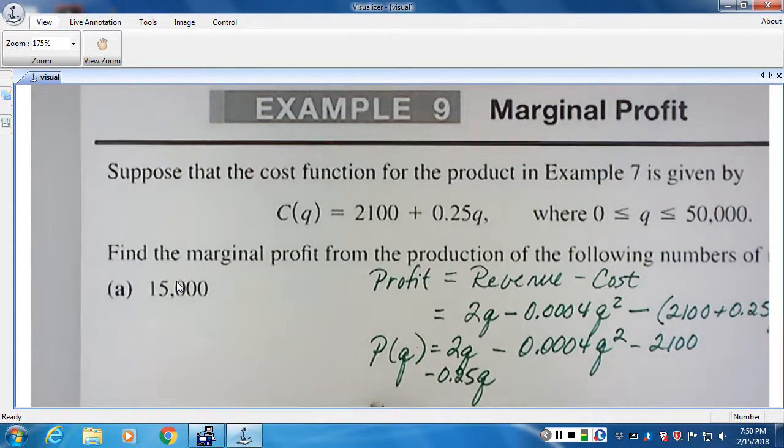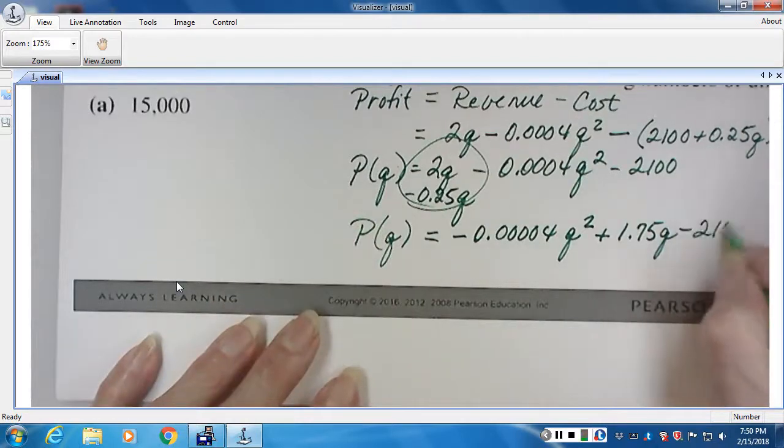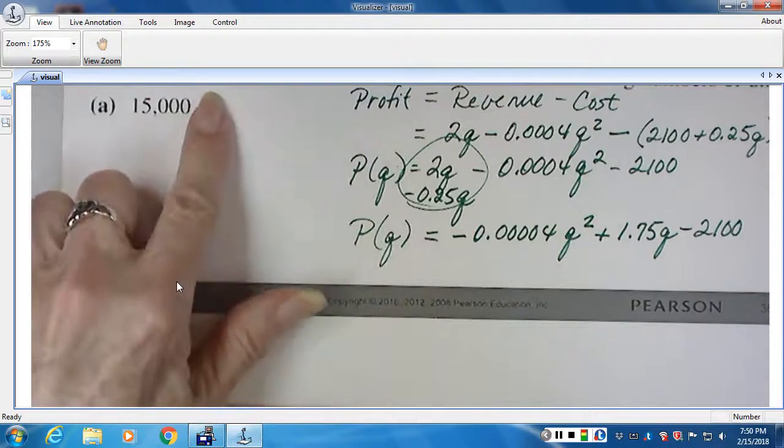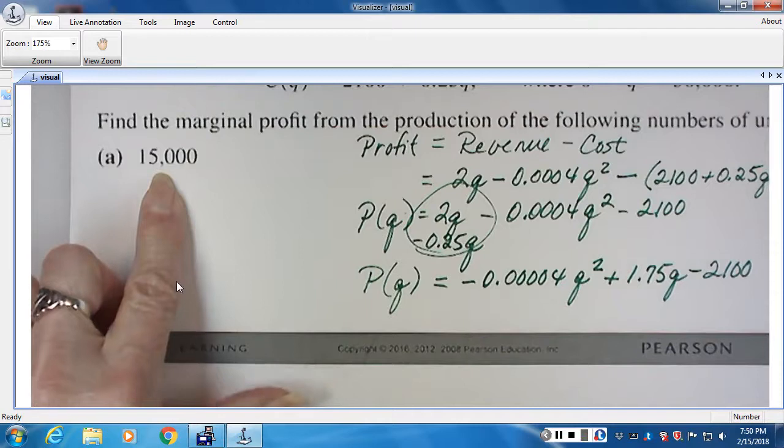So that means our profit function is negative 0.00004Q squared plus 1.75Q minus 2,100. And we would like to find the marginal profit, or the rate of change of profit, when we make 15,000 units. So Q is going to be 15,000.